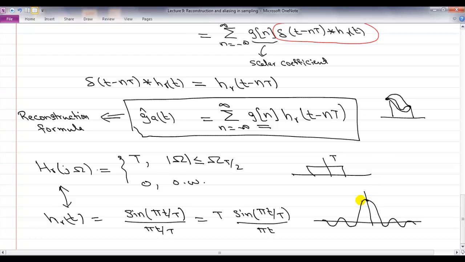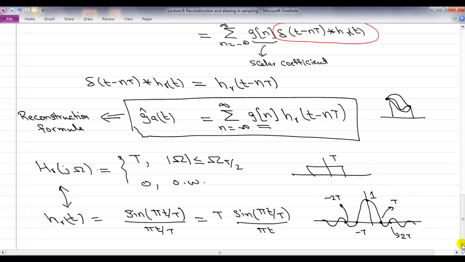The height of this at t equal to 0, you are dividing 0 over 0, so you have to use L'Hopital's rule. It is 1. And this has zero crossings. Because of pi t over capital T, at every multiple of capital T this sinc function passes through 0. So it has zeros at T, 2T, minus T, minus 2T, and so forth.